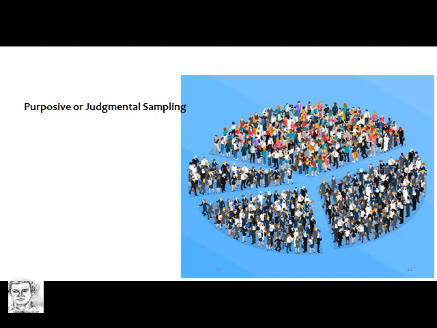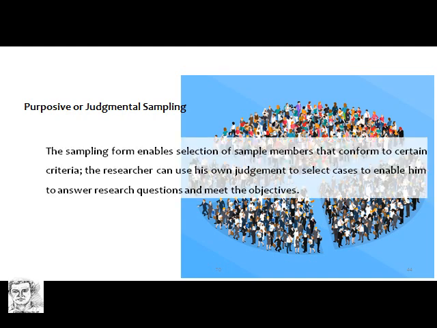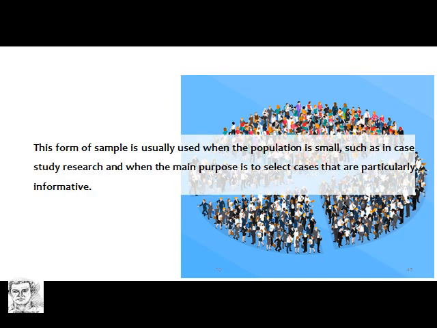Purposive or judgmental sampling. This sampling form enables selection of sample members that conform to certain criteria. The researcher can use his own judgment to select cases to enable him to answer research questions and meet the objectives. This form of sample is usually used when the population is small, such as in case study research, and when the main purpose is to select cases that are particularly informative.